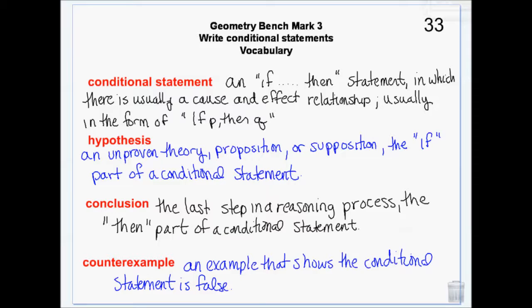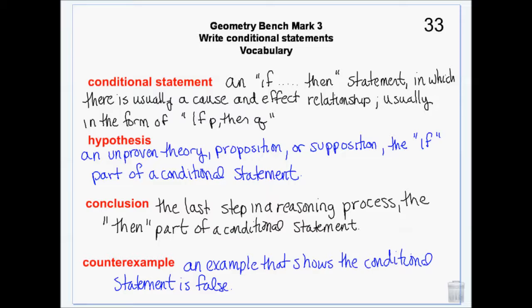This is called logical reasoning or deductive reasoning, and it uses conditional statements. Conditional statements are if-then statements. So it's if this, then that. And they usually imply a cause and effect relationship. Your parents have used these forever, and your boss.